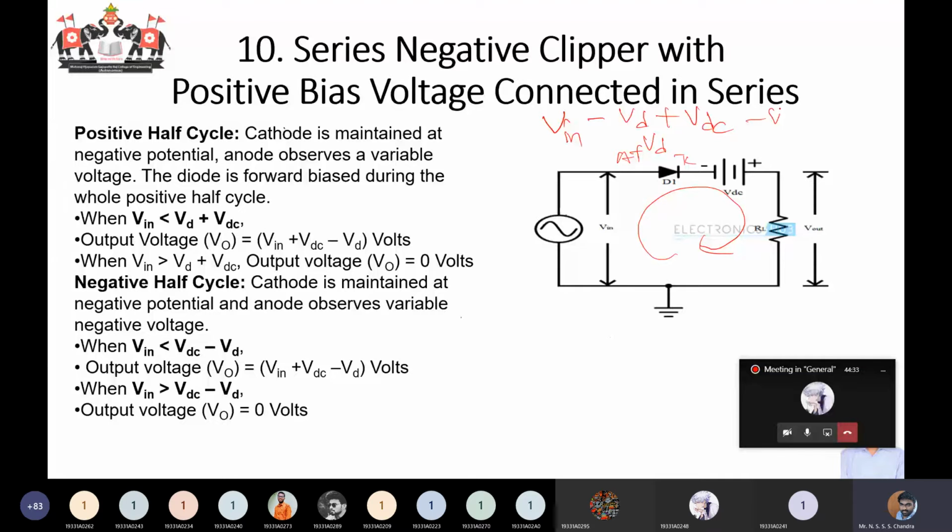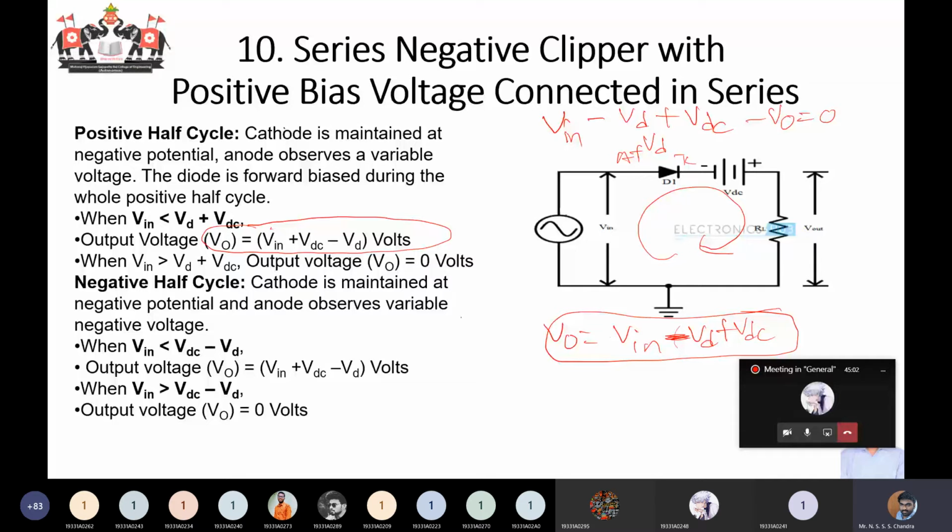So your V0 will be equal to VIN minus VD plus VDC. Okay, so for VDC it is a positive sign, for VD it is a negative sign. That's why you are getting V0 equal to VIN plus VDC minus VD when the diode is conducting.